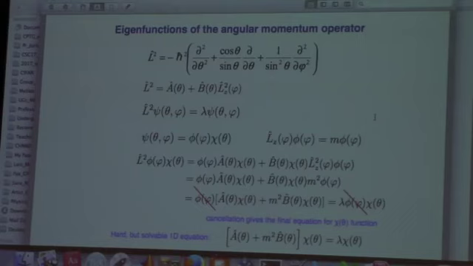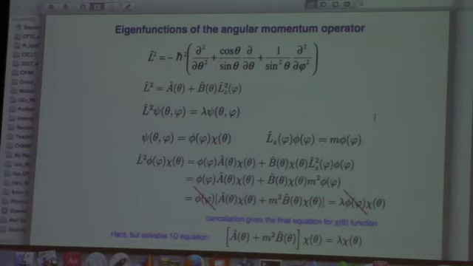Okay? Now, we're looking for the solution of this eigenvalue problem, and it turns out we can write down the eigenfunction as a product of some function of phi times some function of chi. All right? Why is that?